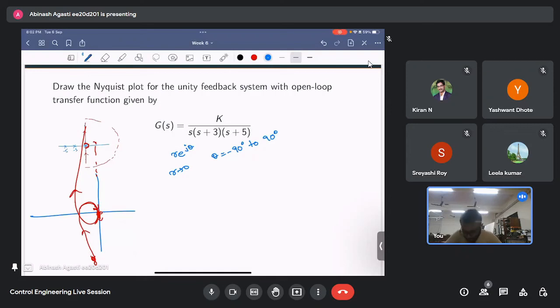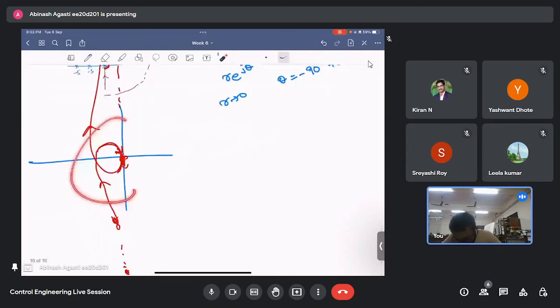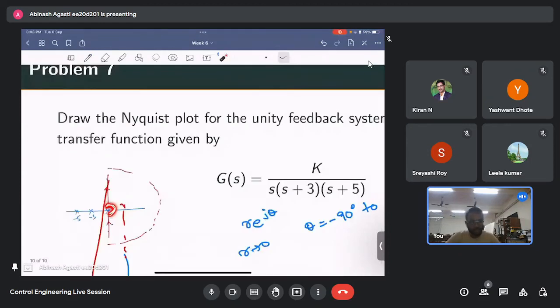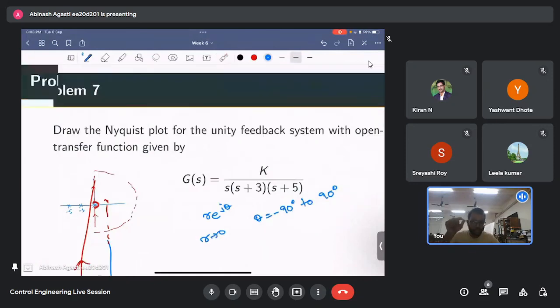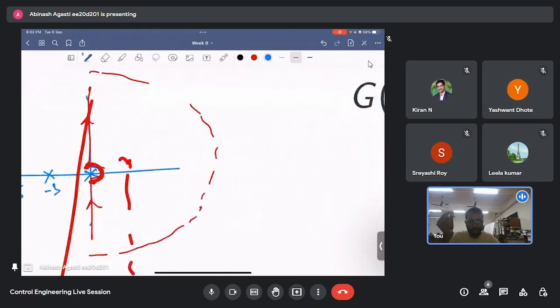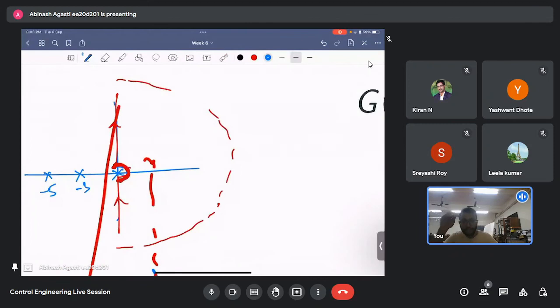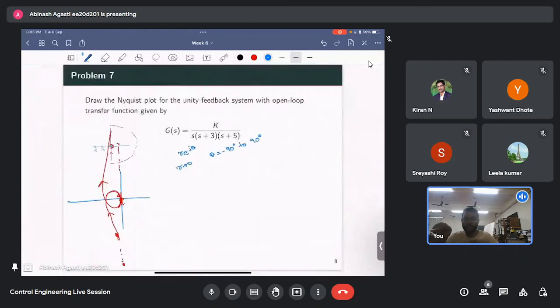For that, this is kind of just a circular region, so it can be given by r e to the power j theta, where r is very small, we can take the limit tending to 0, and theta varies from minus 90 degree, the negative j axis, to plus 90 degree, the positive j axis.